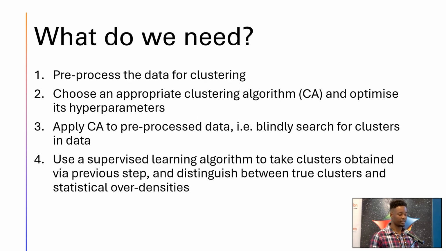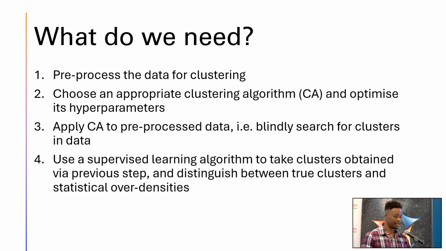So what do we need if we were to go about the task of trying to find star clusters? We would need to first pre-process the data, so transform it in such a way that it is meaningful to work with. Then choose an appropriate clustering algorithm that would allow us to characterize the difference between the background and the clusters that we are trying to find.